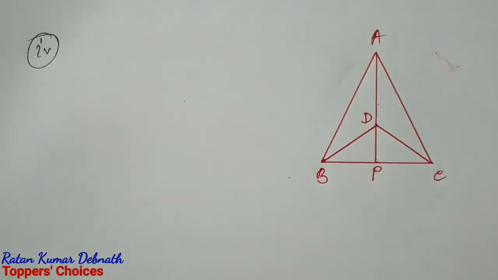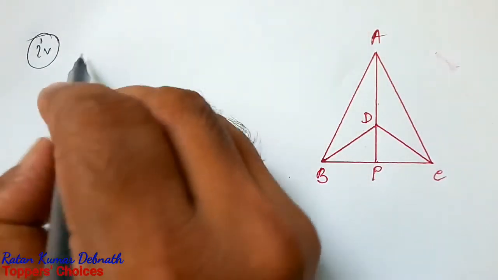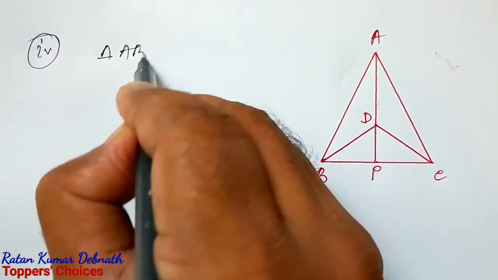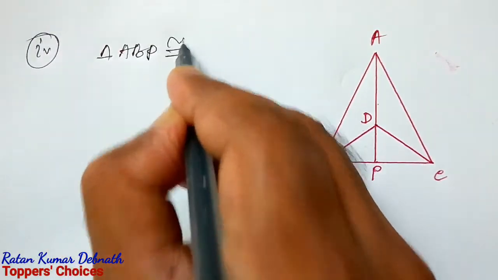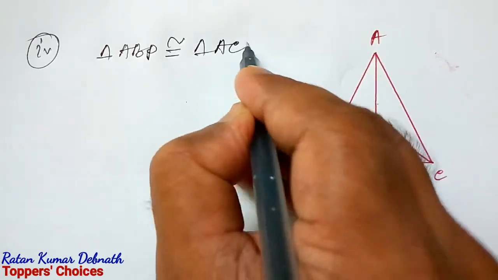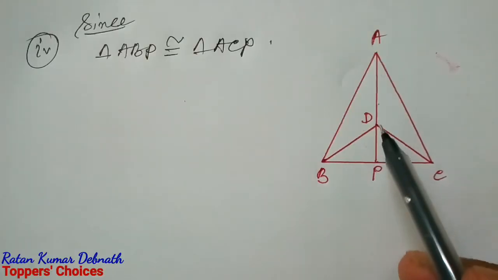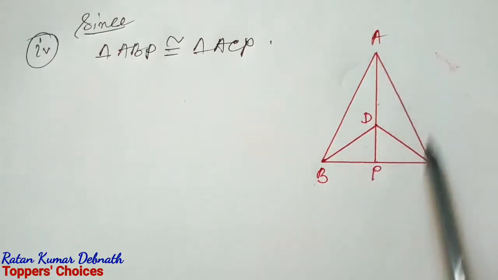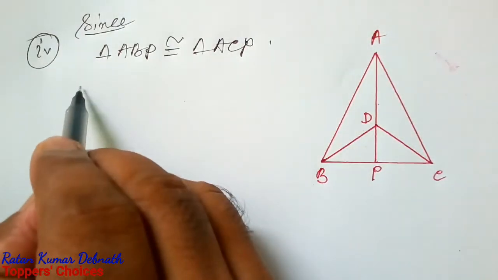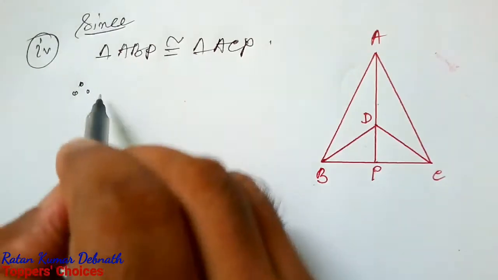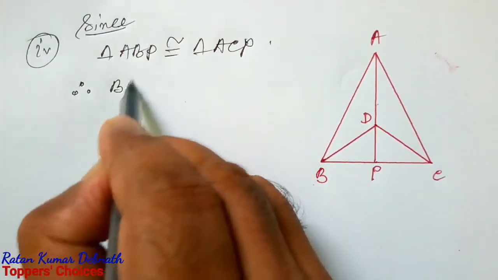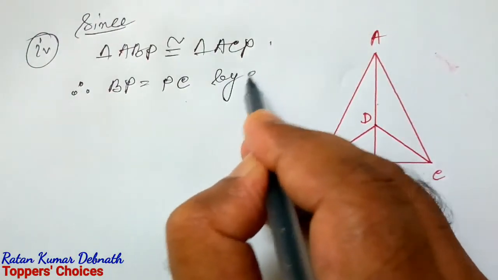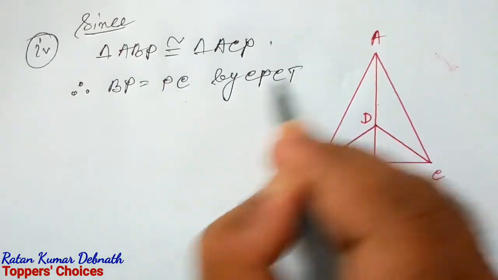Now, in question number 2, we already proved triangle ABP congruent to triangle ACP. Since triangle ABP is congruent to triangle ACP, therefore BP equals PC by CPCT.